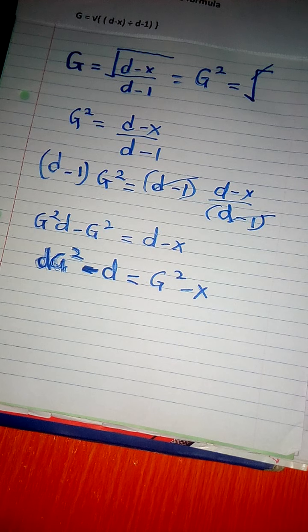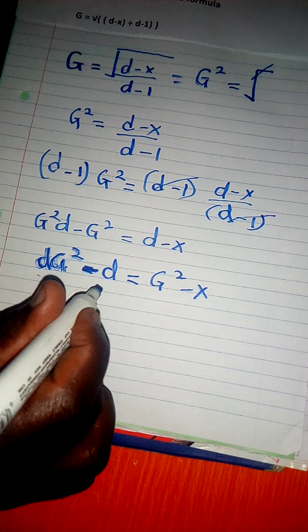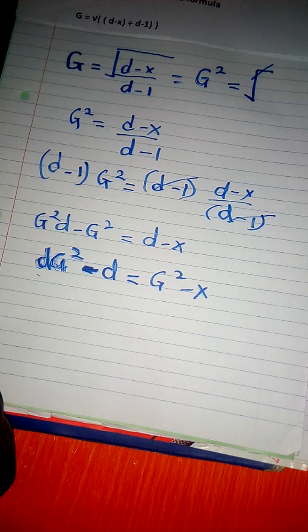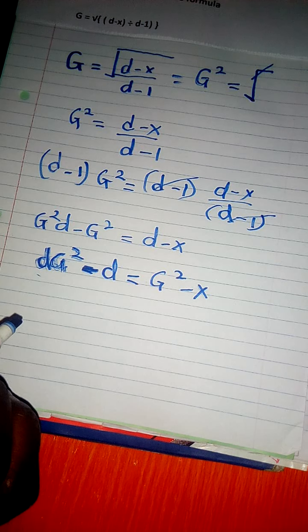If we factorize the left hand side, we will have to divide both sides by G squared minus 1.